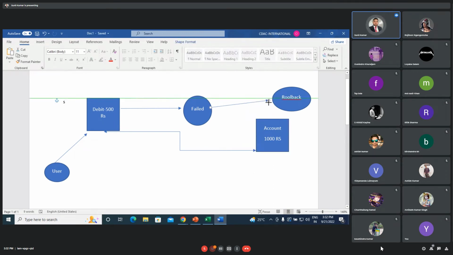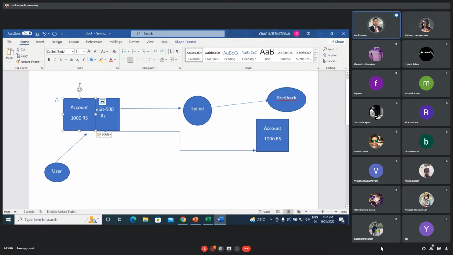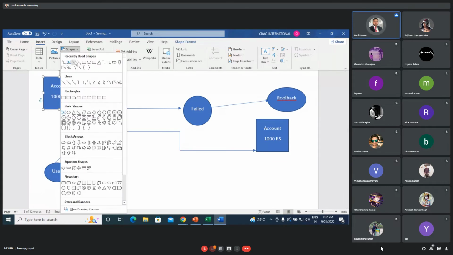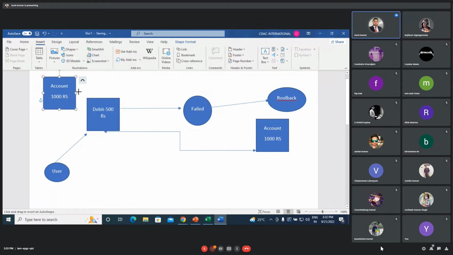Due to some technical circumstances this may happen. So the rollback activity will be applied here, and you will get your original amount back, as before the deduction or before the operation started, in your account.